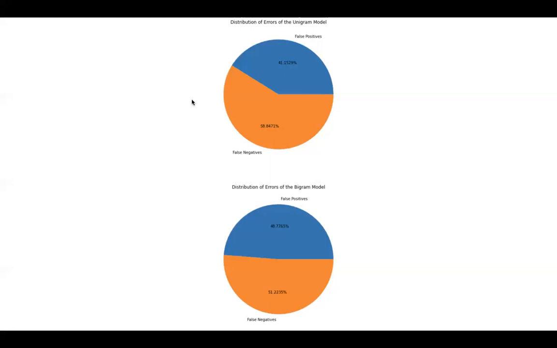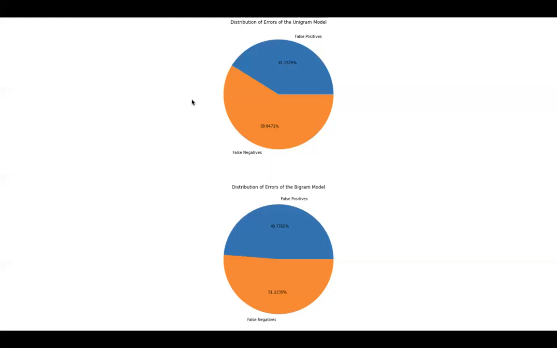Something that I think can be further done to explore this avenue is creating a mixed model. Instead of just using a unigram or a bigram model, let's combine the two in a mixed model where the posterior probability will be some sort of sum of the two posterior probabilities for the unigram and bigram models. That would be a good future exploration.